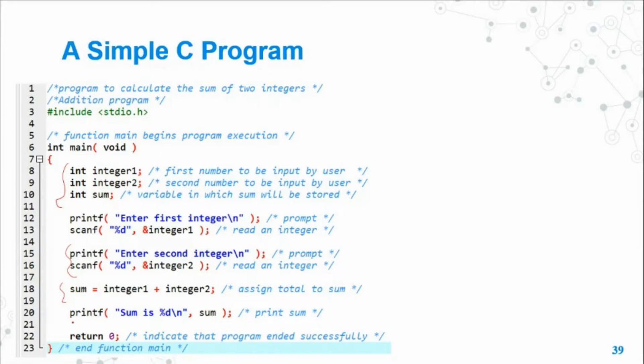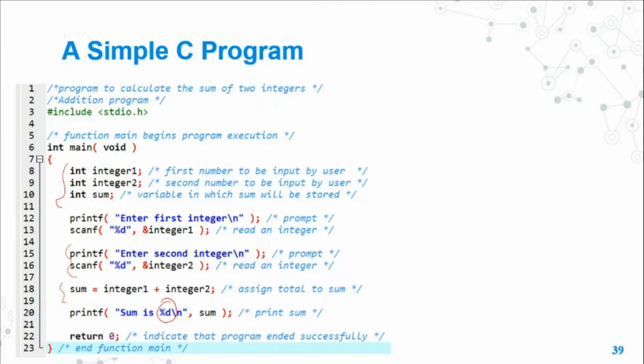Finally we printf, the sum is %d \n, sum. So again we came across this format specifier, %d. It is at this position that the value of the sum will be displayed when we print the value on the screen. That is how this %d symbol works.